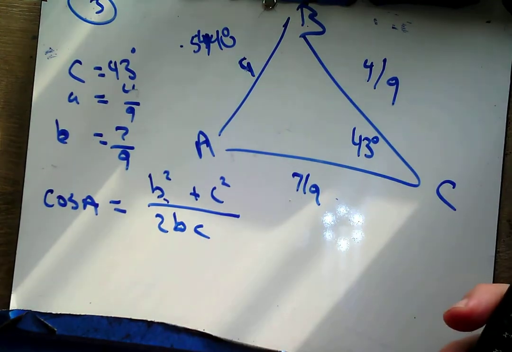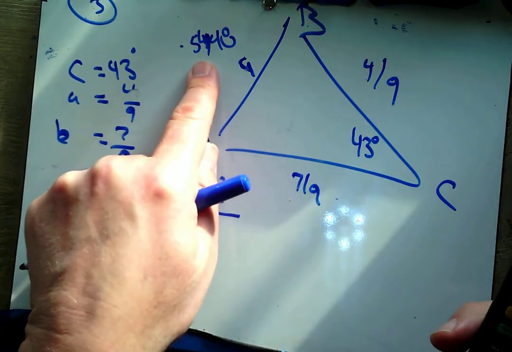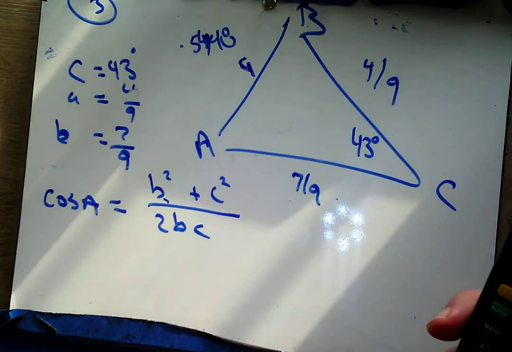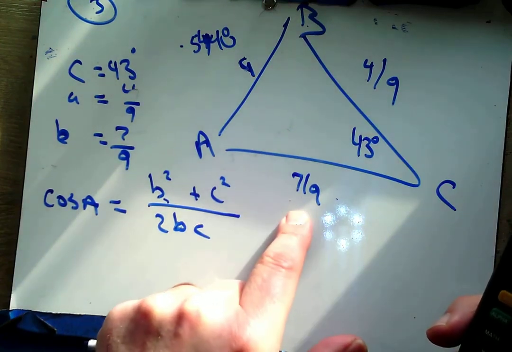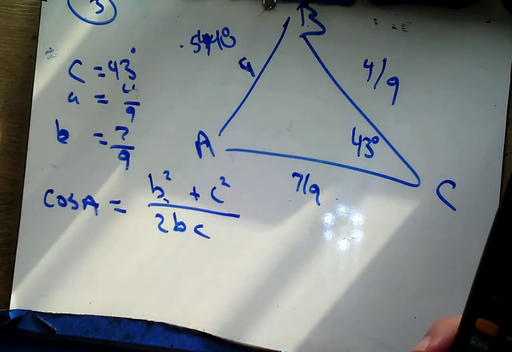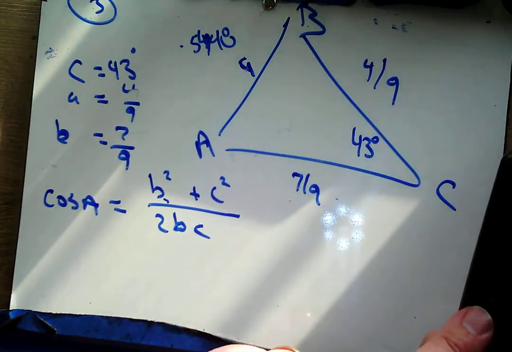Here's my b, so 7/9 squared plus c, that's that number there, squared. And I'm going to divide that answer by 2 times 7/9 times my c value.